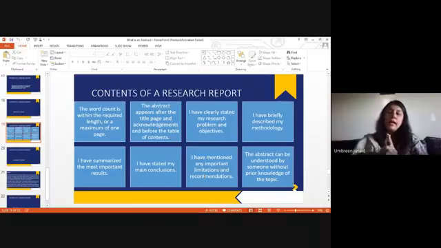The next is, I have briefly described my methodology. Whatever method you have selected to collect your information and to conduct your research, that methodology will be discussed in your abstract, but very briefly. Number five is, I have summarized the most important results.